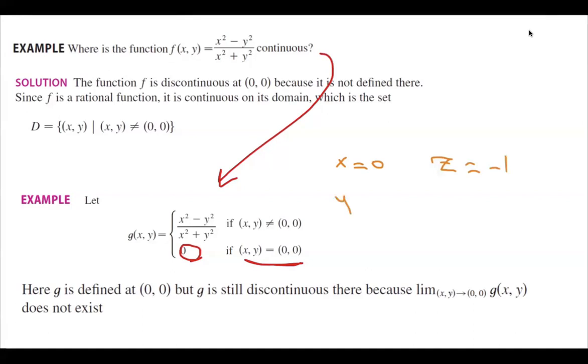And when your y is equal to 0, you have a constant function z equals 1. These two are not equal to each other. So basically you have different limits. Since the limits are different from each other, you can easily say that the limit doesn't exist. So you don't have continuity here.